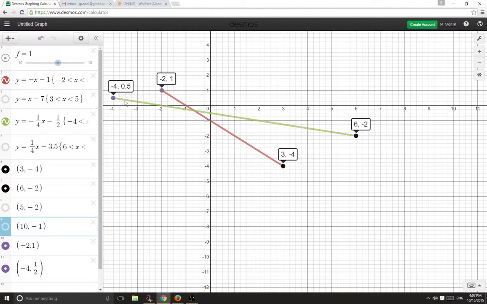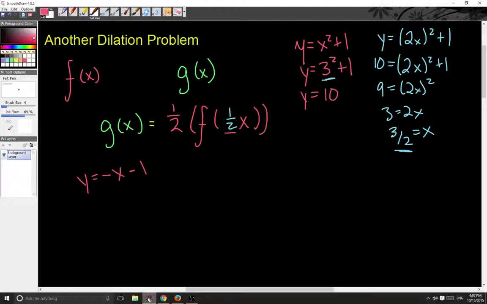And the equation for this line right here is negative 1/4 x minus 1/2. So what do we have to do to turn our y equals negative x minus 1 into this y equals negative 1/4 x minus 1/2?